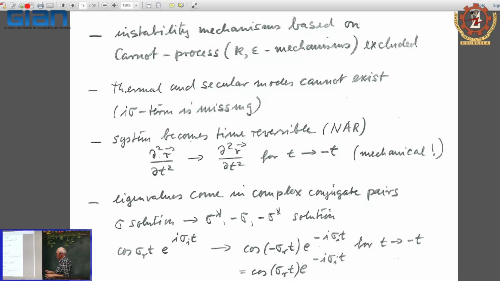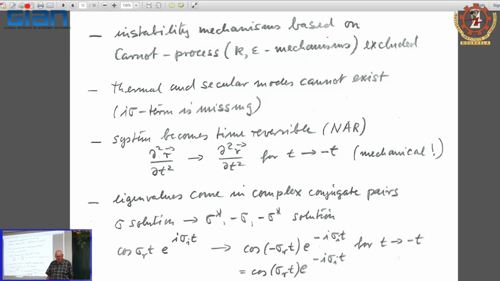So the eigenfrequencies come in quartets of four solutions. In particular, once we have a solution, also its complex conjugate is a solution. This is pretty typical for a mechanical system. It's no longer typical for a thermodynamic system.